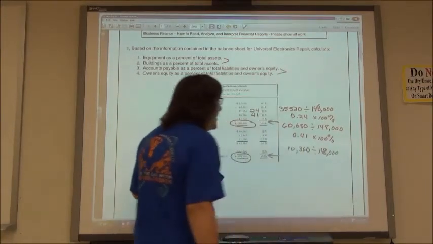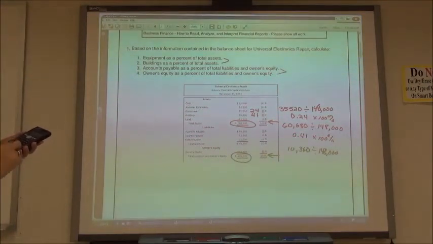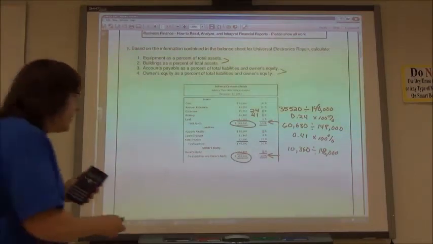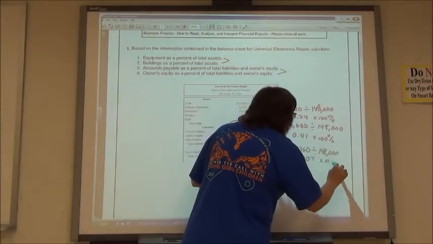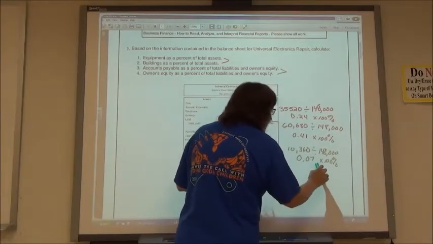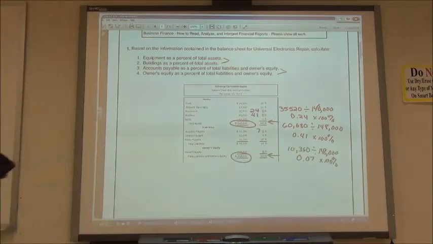So 10,360 divided by 148,000 gives me 0.07, which then times 100, moves my decimal 2 places, is just 7%.